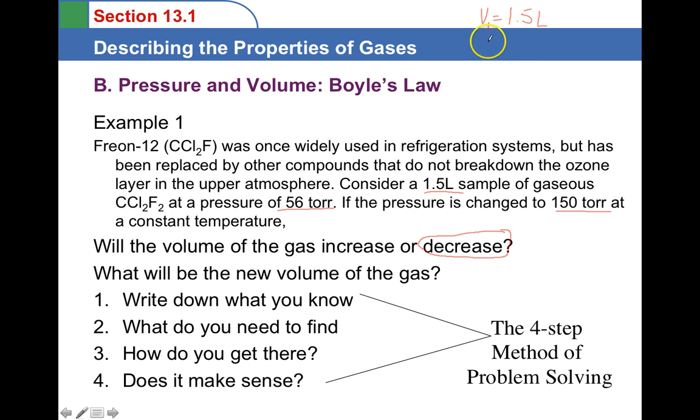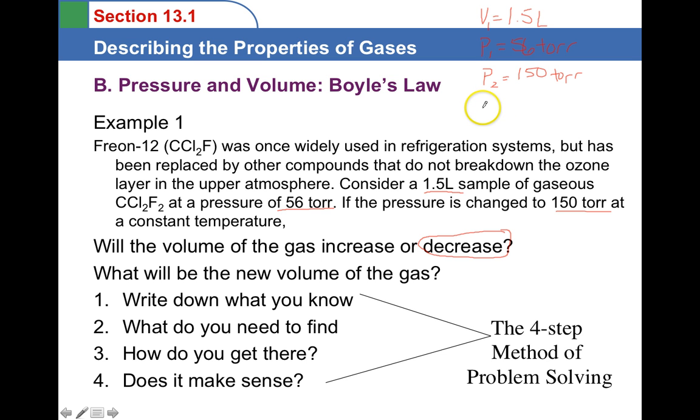I know that the initial pressure, P1, is equal to 56 torr. And I know that P2 is the changed pressure, and so your final pressure is going to be 150 torr. Okay, so that's what I know.